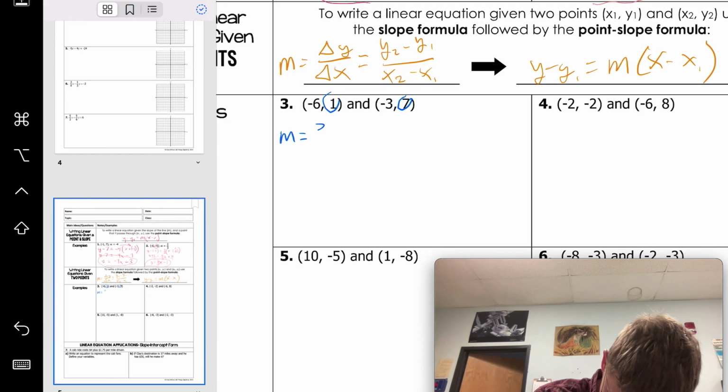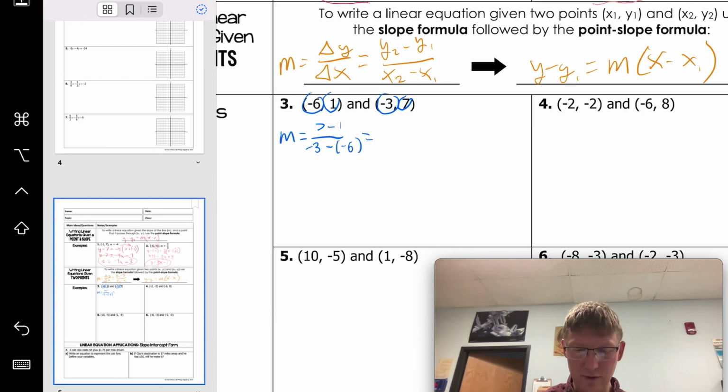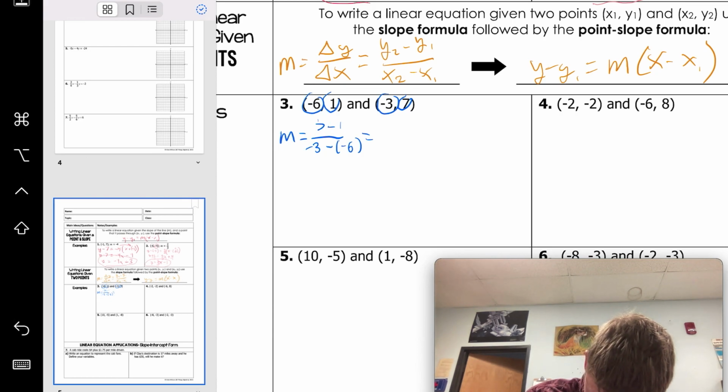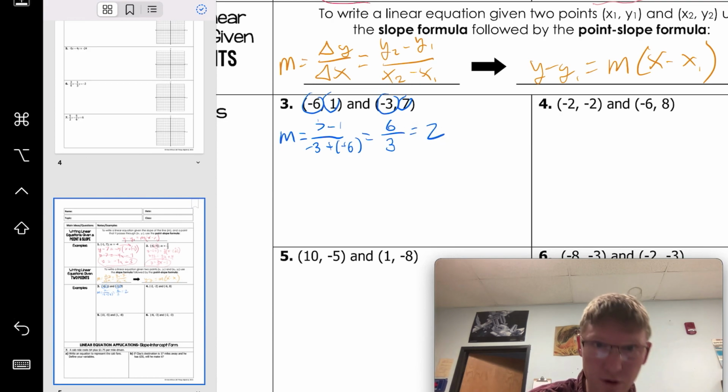It's going to be 7 minus 1 over x, 3 minus -6. Notice how these two are from the same point, and those two are from the same point. Okay, so then we solve that. 6 over 3 plus 6 is going to be 9, so the slope equals 2/3.